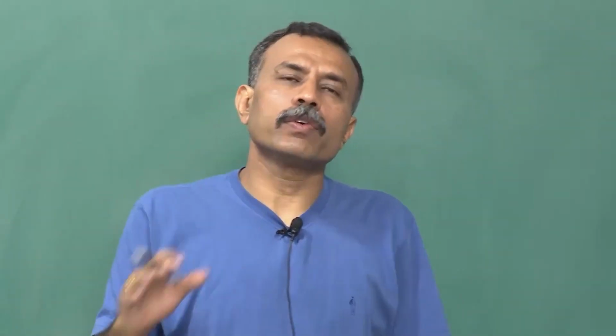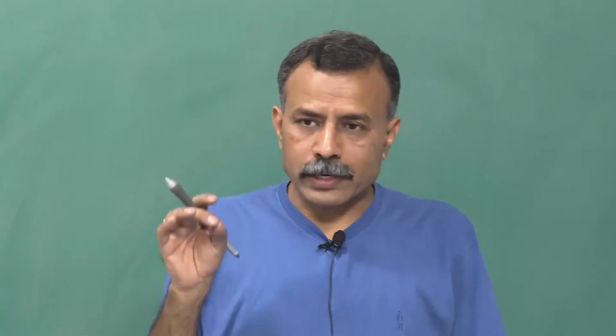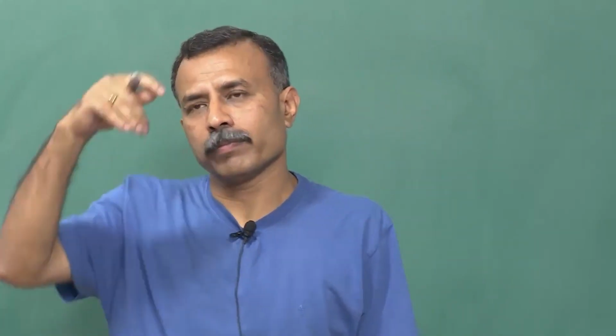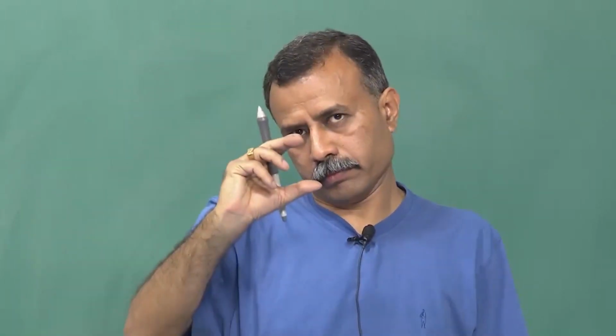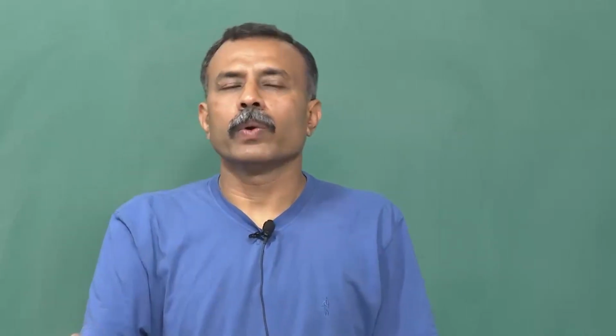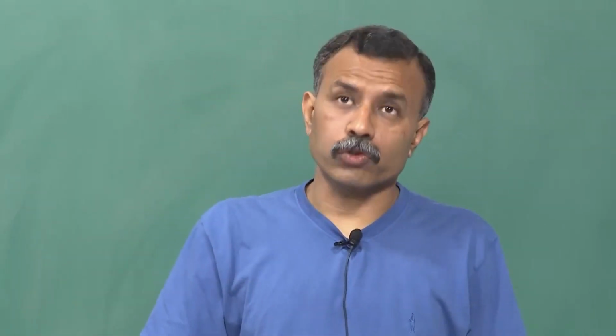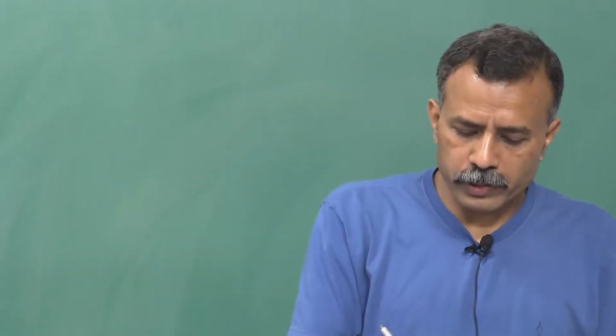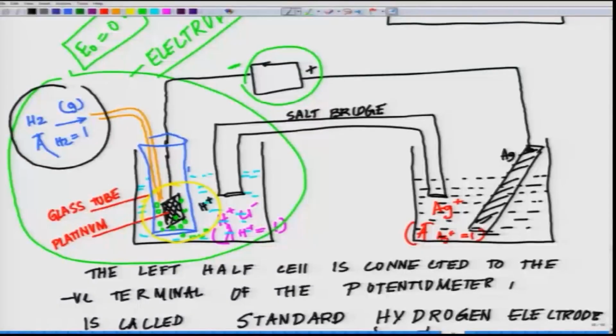So this is the first kind of electrode we have dealt with, the standard hydrogen electrode, consisting of a platinum metal that is continuously infused with hydrogen gas, whose activity is of course 1. This is kept in an HCl solution, where H plus ion activity is 1, and an equilibration happens on this electrode.